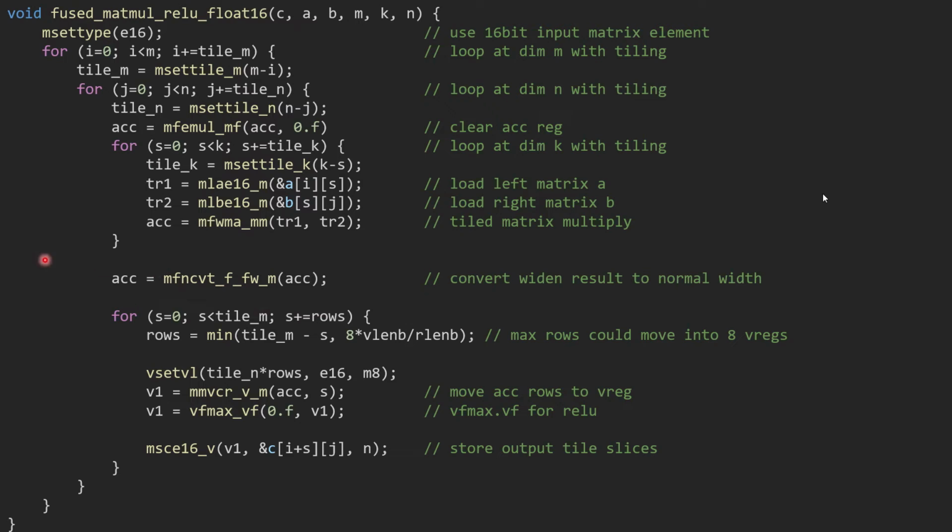After the results are gathered, we move the data to the vector registers with data move instructions and use the vector instruction VFMX to conduct a ReLU activation function, like in AI inference workloads. This example shows how the matrix extension works together with the vector extension.